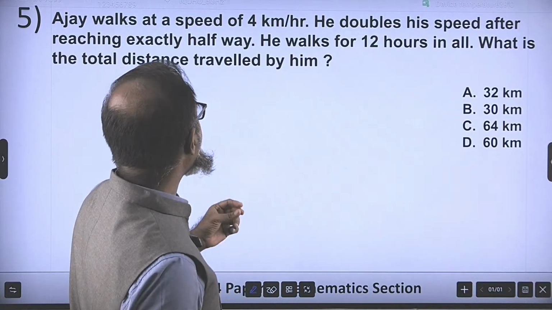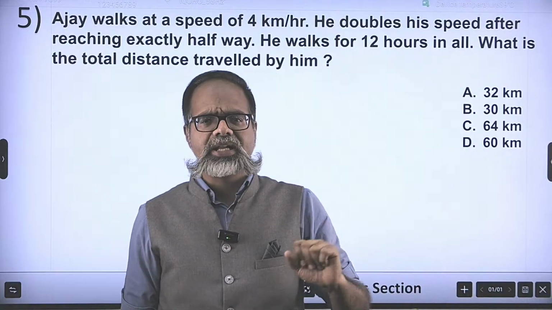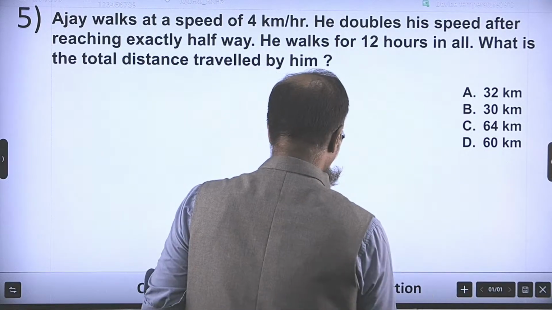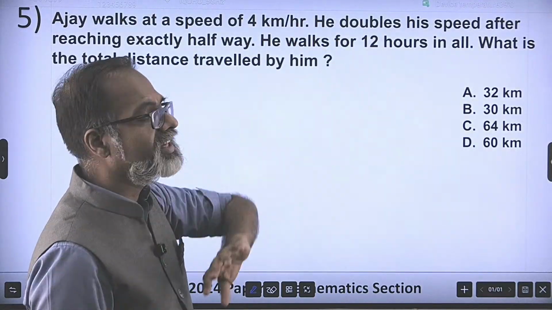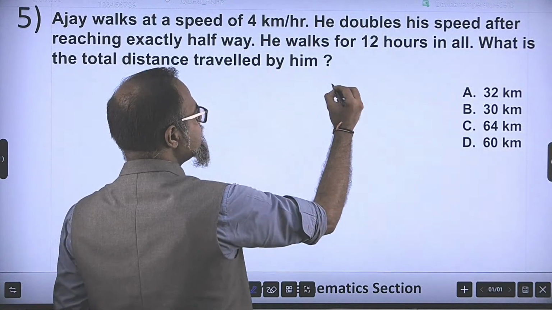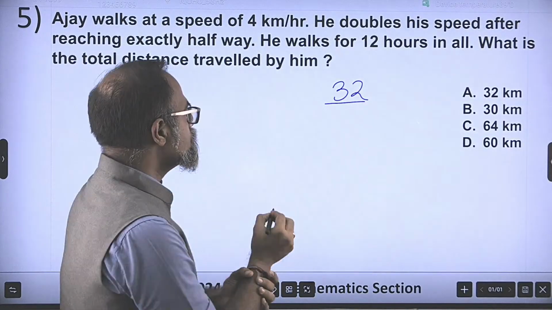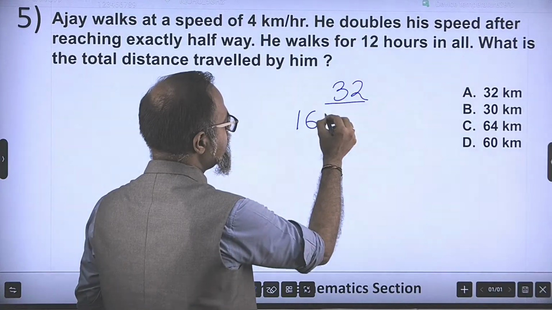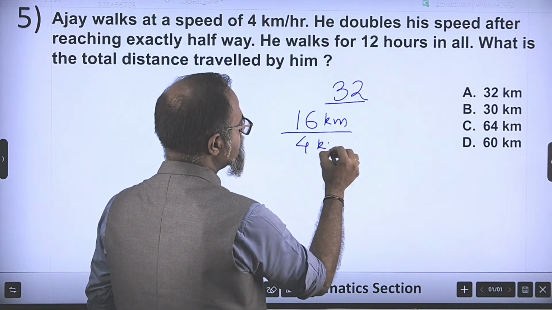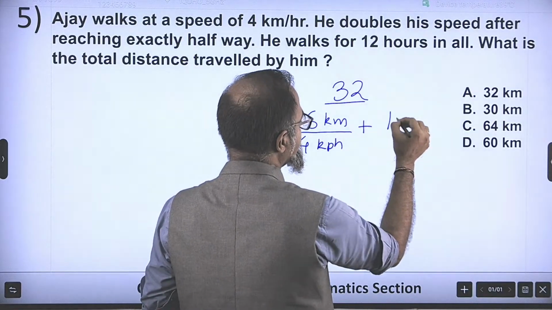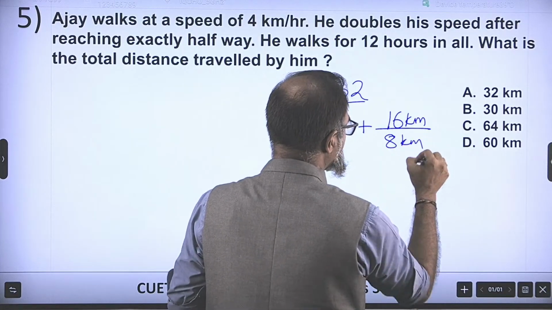Well, I know I have to find the total distance and one of these options has to be the answer. And I know that I traveled exactly half the distance at 4 and half the distance at 8. Let's assume my answer is option A, 32, right? So that means I traveled 16 kilometers at the rate of 4 kilometers per hour and the remaining 16 kilometers at the rate of 8 kilometers per hour.